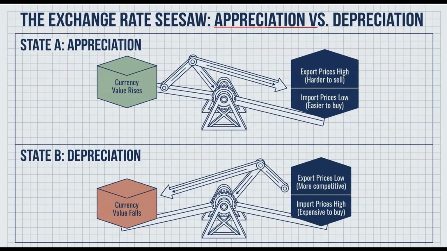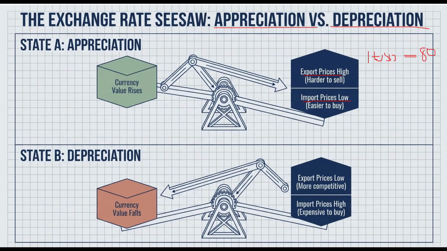These are frequent words visible in newspapers and news channels very recently, right? So when a currency appreciates, its value increases. As a result, export prices will be high and import prices will be low. Let's see how it happens. For example, let's imagine that one USD is equal to 80 rupees.